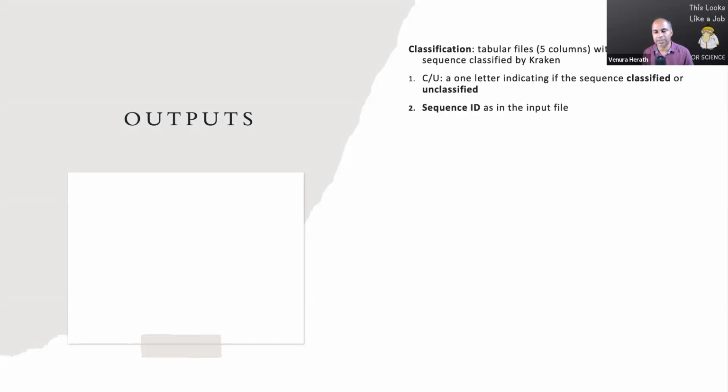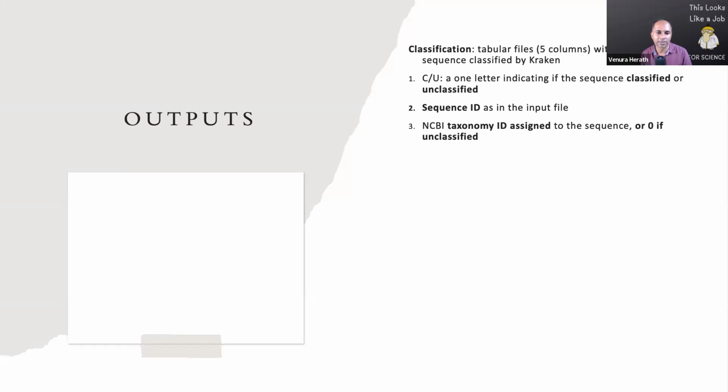The second column shows the sequence ID, and the next column gives the NCBI taxonomic ID. I'm pretty sure you learned about the NCBI taxonomic database. Based on our sequence similarity to the pre-built database, it will tell you what NCBI taxonomy ID was assigned.